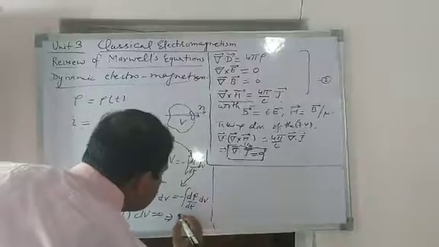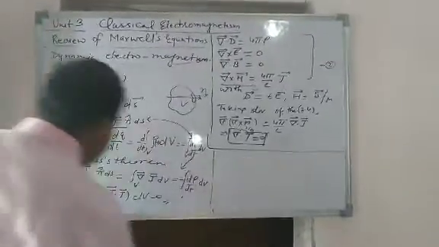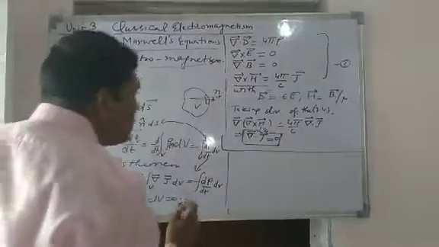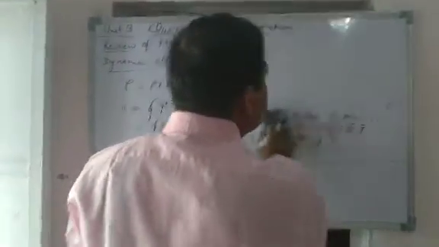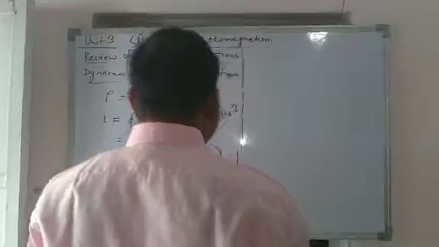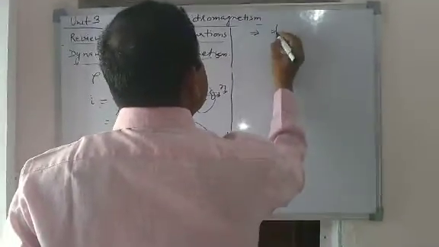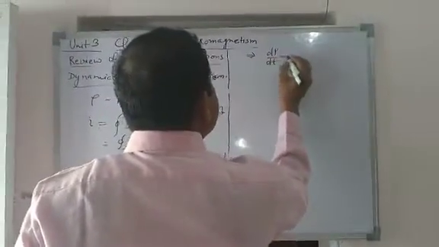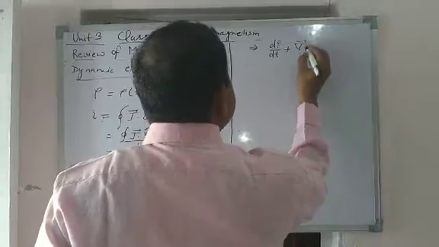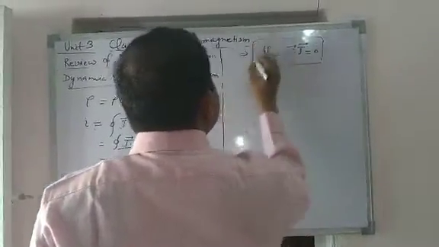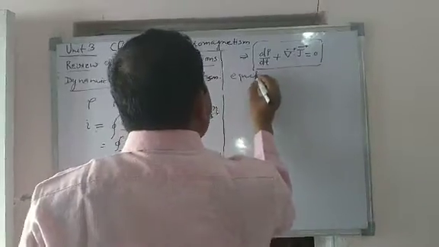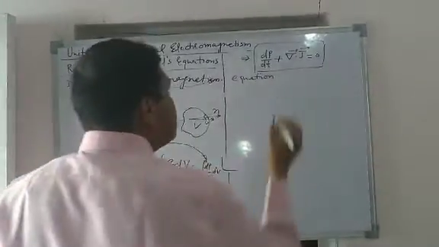So this means d rho by dt plus del dot J should be equal to 0. This is our equation of continuity of the flow of charges.